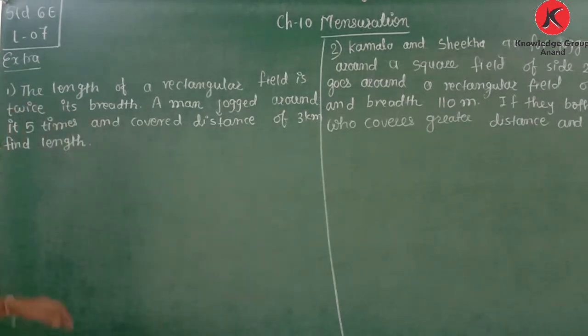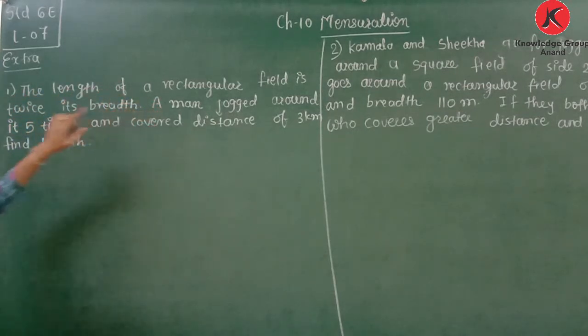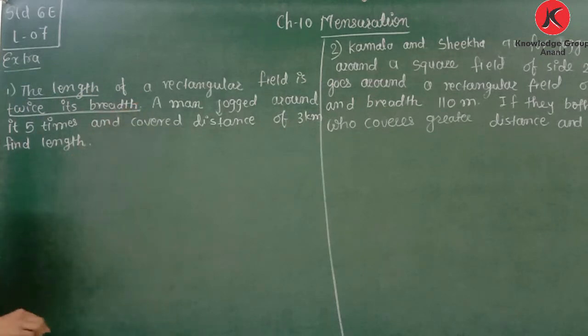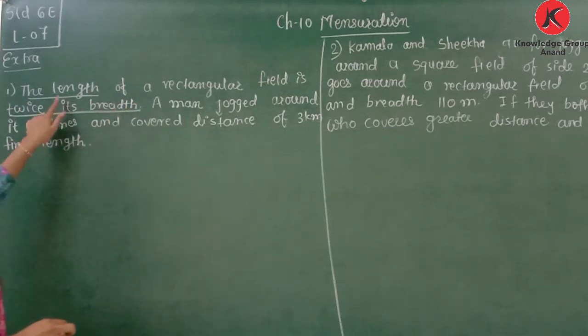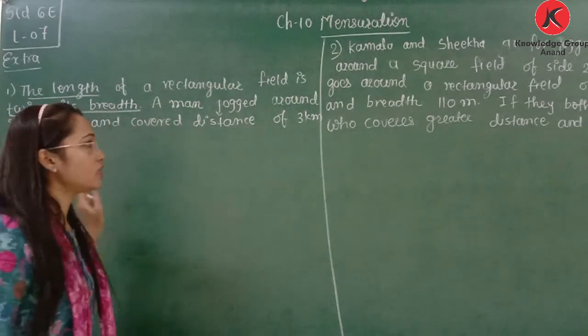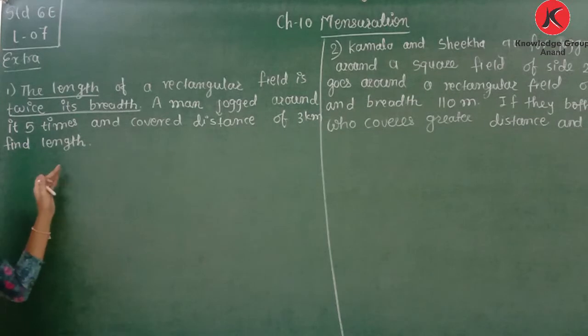Clear? So here is the first example: the length of a rectangular field is twice its breadth. Read the statement properly. Whenever word problems are given, please read the statement twice, so you will be clear what the statement is.